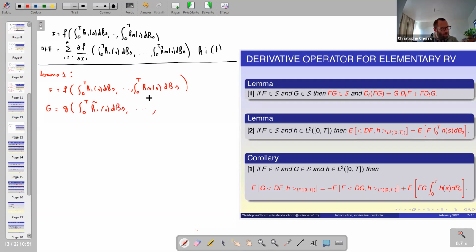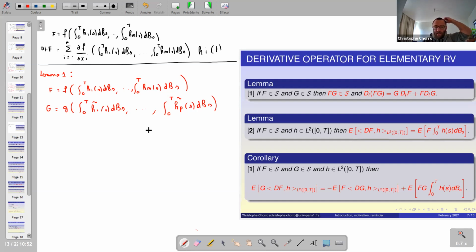So I don't necessarily depend on the same number of Wiener integrals. I will put a P here. So a priori, n and p are not equal.